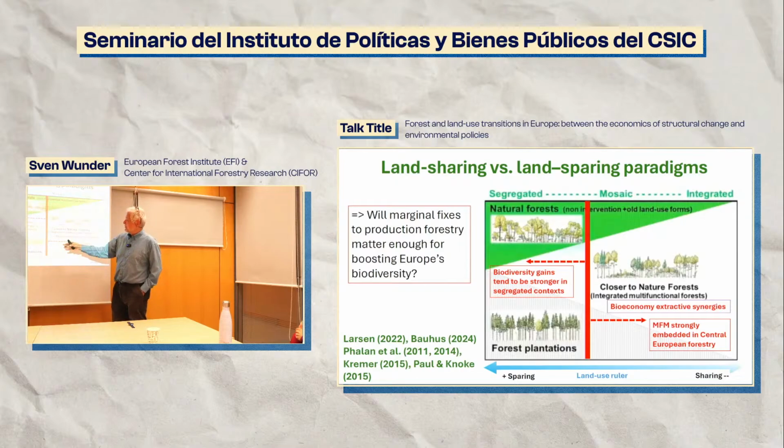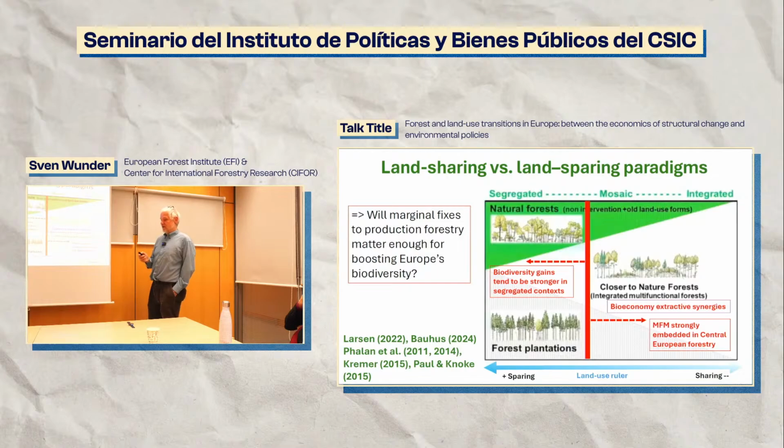So yes, you may be able to share functions, but in the end your biodiversity gain is not going to be very large. So it raises some effectiveness questions about multiple forest management in Europe, and to what extent it really achieves what we want for species.